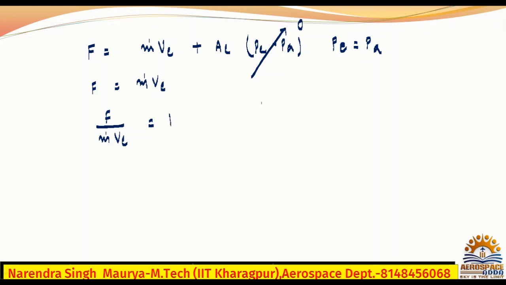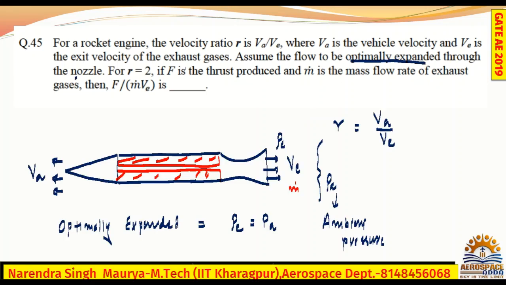So now the speed ratio is what? R is nothing but VA by VE. Earlier they had given that condition, the velocity ratio, and now they are saying R is equal to 2, meaning VA by VE becomes 2.